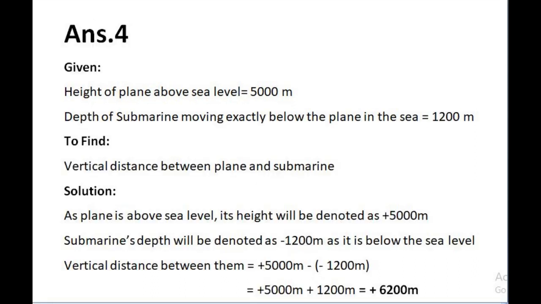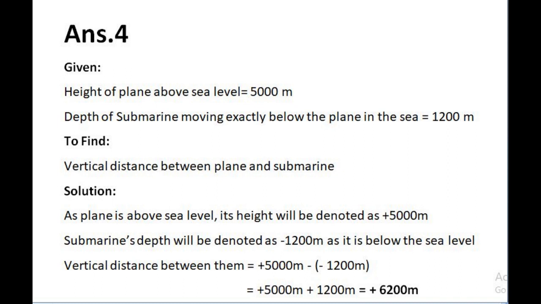When you see the figure of this question, the plane is flying above the sea level, so it will be in the positive sign. We will represent the height of the plane in positive sign, and we will represent the depth of the submarine in negative sign.